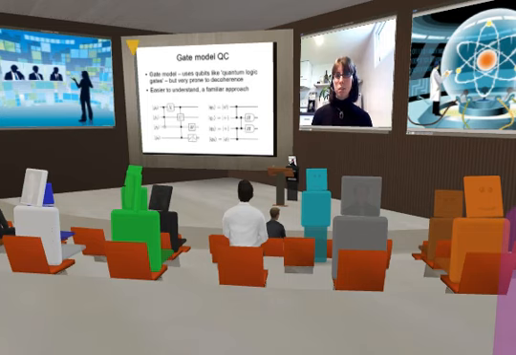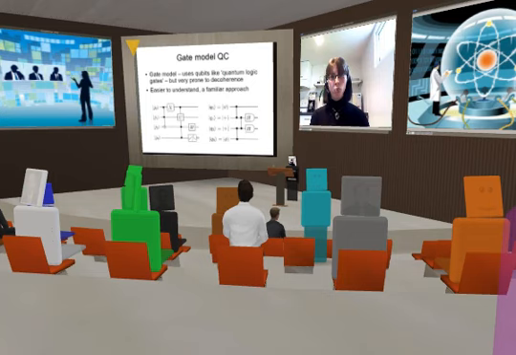In the gate model, you have logic equivalents of classical gates, for example, AND gates or OR gates. So you've got your Boolean logic, and each of these gates is replaced by a quantum equivalent.